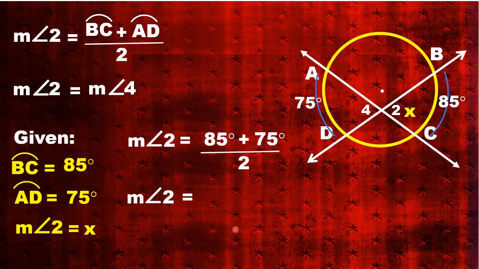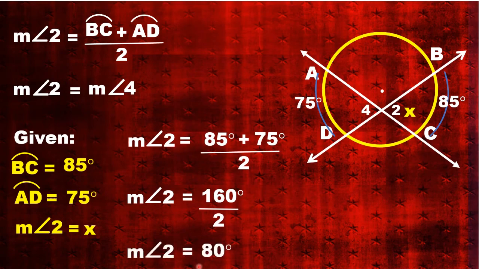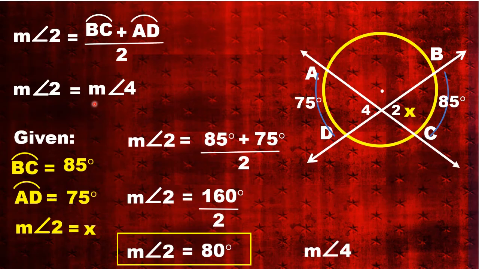Therefore, angle 2 is equal to 85 plus 75, which is 160 degrees divided by 2. Therefore, ang sukat ng ating angle 2 is equal to 80 degrees. Ayun. Now, since meron na tayong angle 2, we can now get the measurement of angle 4. Remember, they are vertical angles and they have the same measurement. Therefore, angle 4 is also 80 degrees.